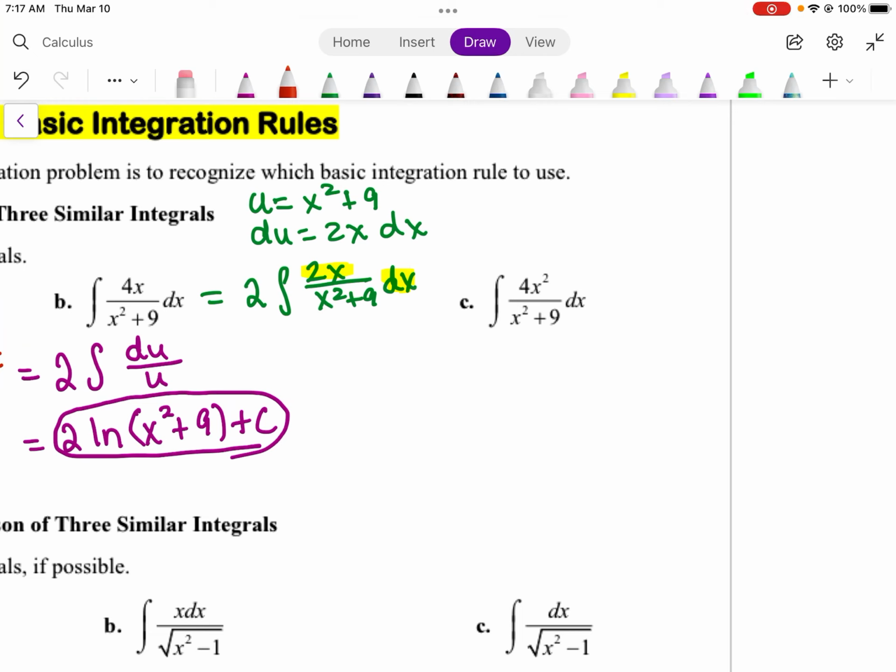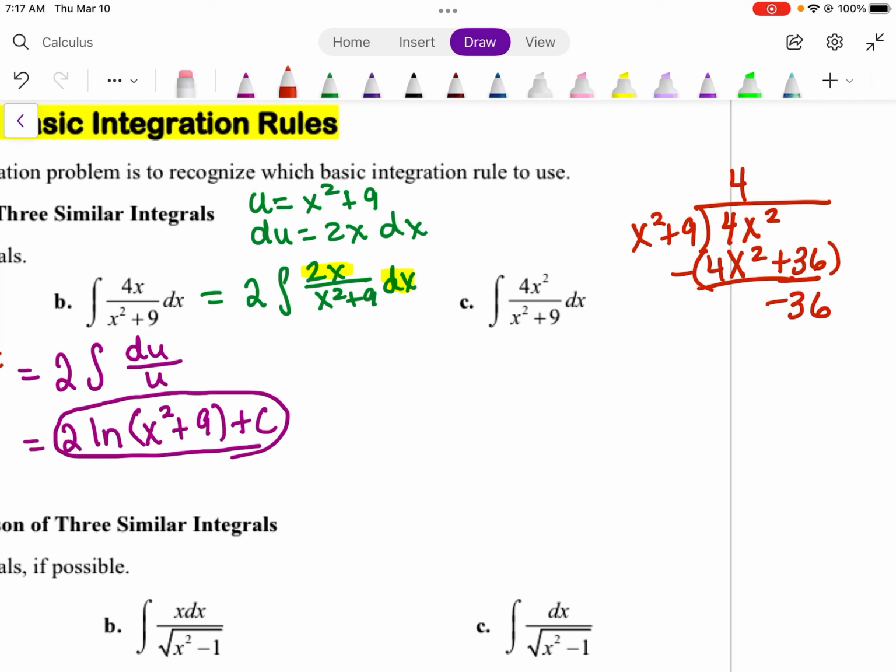So I'm going to take 4x squared and divide that by x squared plus 9. I'll have a 4 up here, and then a plus 36. Then I'll subtract. I'll get a negative 36 out of that. So this is the same integration as 4 minus 36 over x squared plus 9.